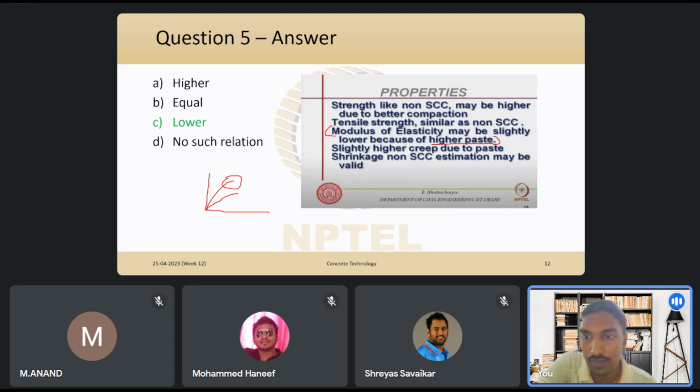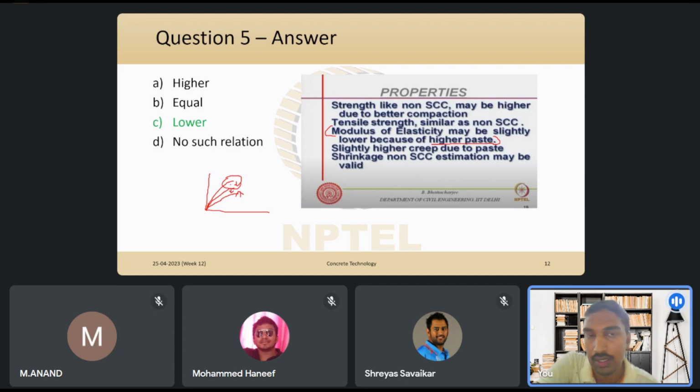It will always be in between, because concrete is a mix of your aggregate and your paste. So your concrete modulus of elasticity will be somewhere in the middle. Now, when you are bringing your coarse aggregate content down and increasing your paste content, that will have an effect on your concrete's modulus of elasticity, so this will finally come down, right?